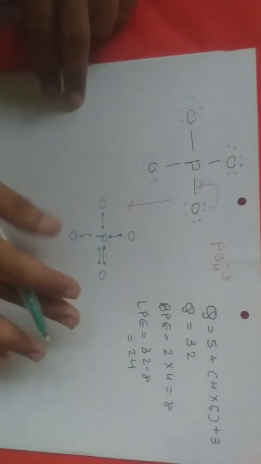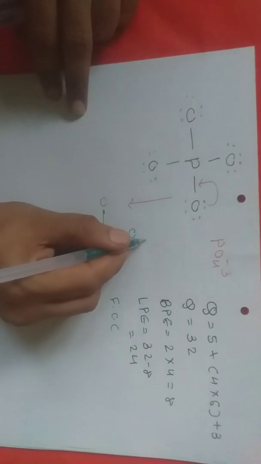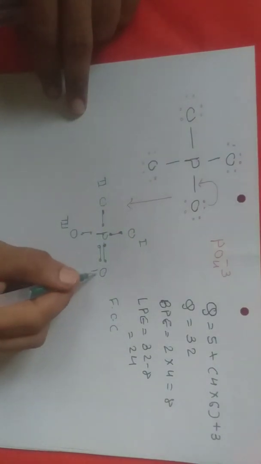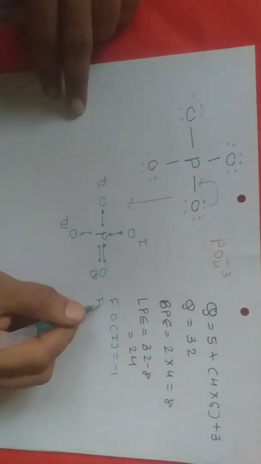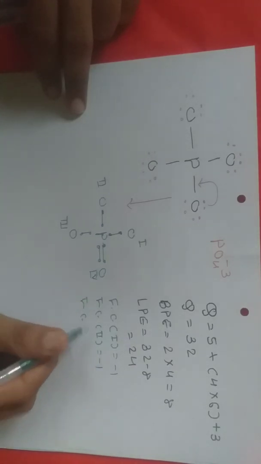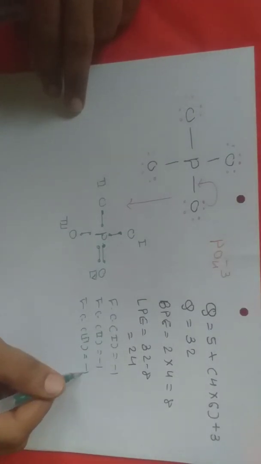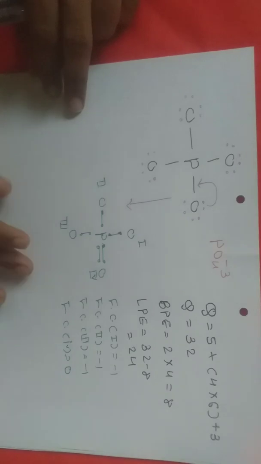Now if we calculate the formal charge of each corner atom, say this is the first one, this is the second one, this is the third one, and this is the fourth one. The formal charge of the first one is -1, the formal charge of the second is -1, the formal charge of the third is also -1, and the formal charge of the fourth is 0, right?